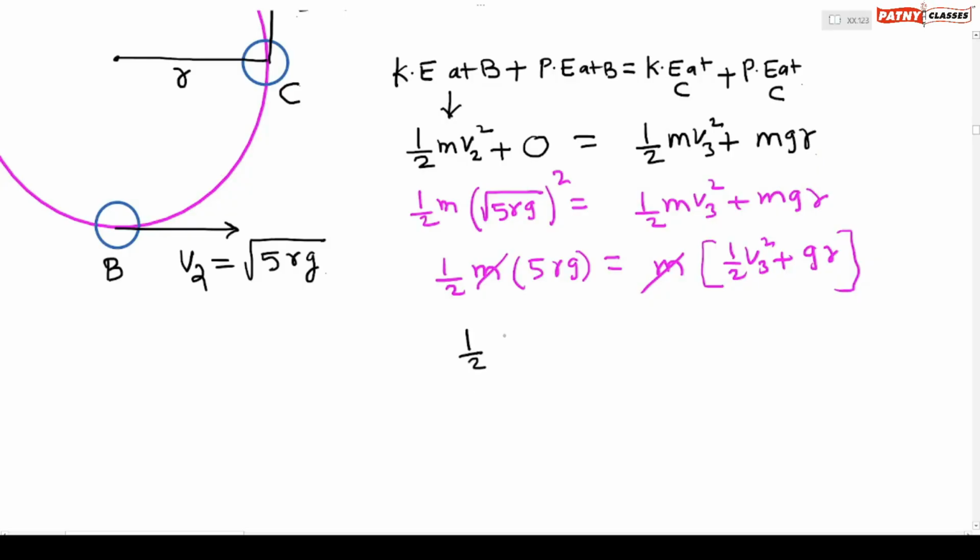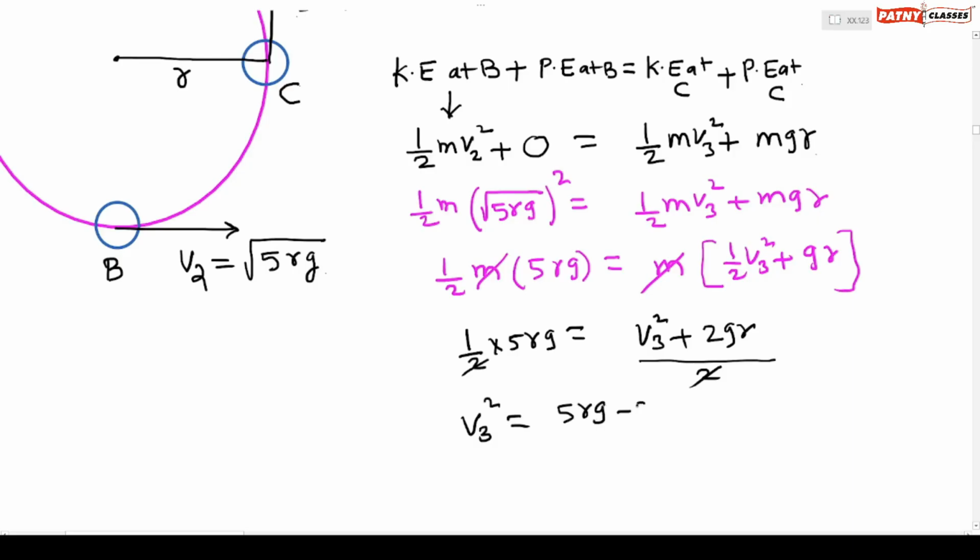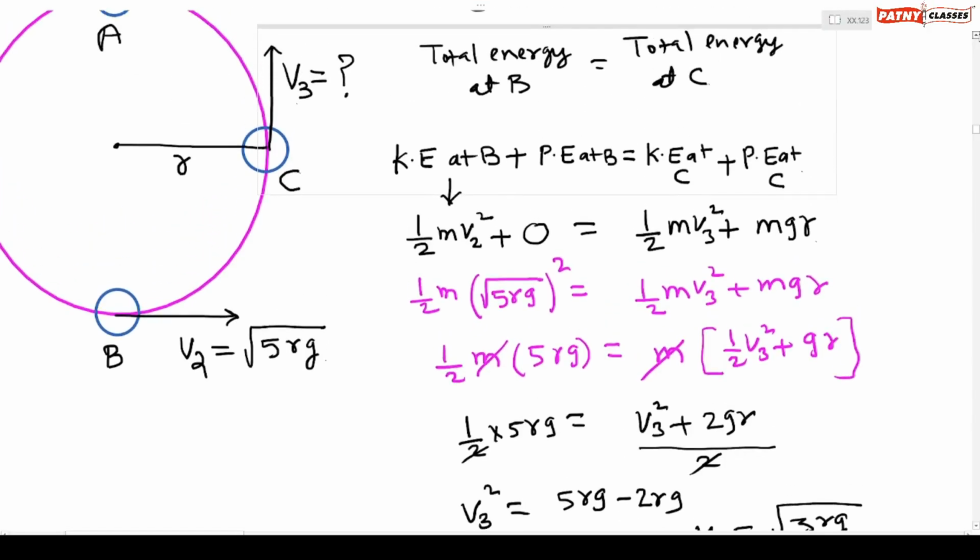This is half into 5rg equals (v3 square plus 2gr) divided by 2. Both sides 2 get cancelled. Therefore, v3 square equals 5rg minus 2rg. So v3 square equals 3rg, which implies v3 equals under root of 3rg. Therefore, we got the velocity of the particle at point C, that is v3 equals under root of 3rg.